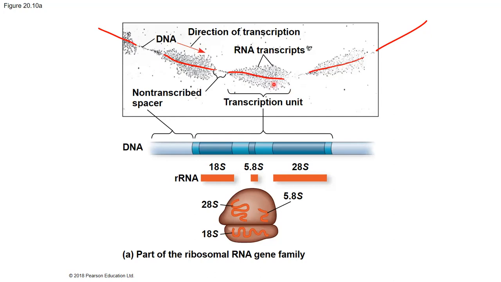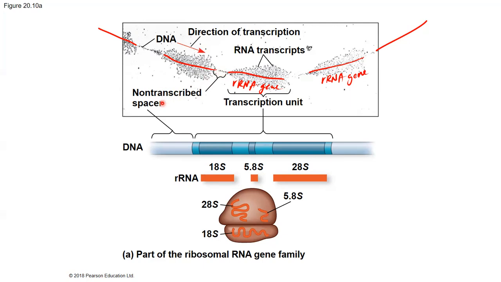So this is the transcription unit. This is the rRNA gene. This is another rRNA gene. And as you can see, this is an electron microscopy image showing active transcription. And between these genes, we have non-coding DNA.